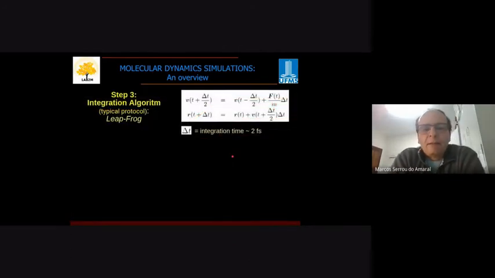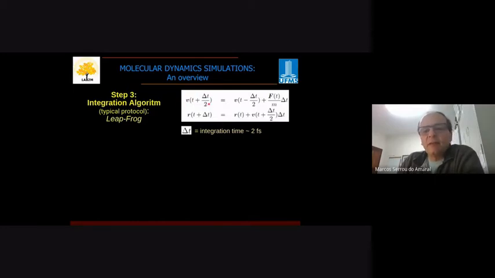Okay, next slide. On this slide, I'm talking a little bit about step 3, which is how you get the new velocities and the new positions. There is a typical protocol using an integration algorithm called Leapfrog. I'm not explaining its name now, but the idea is pretty simple.